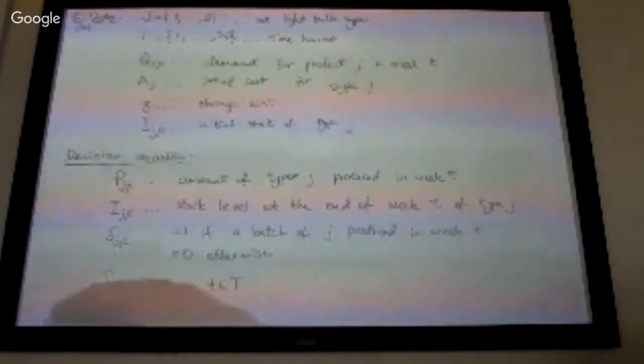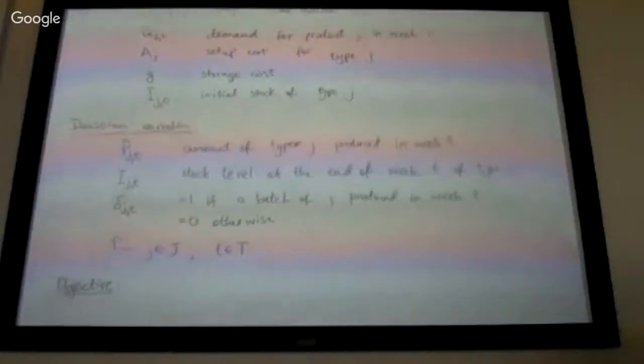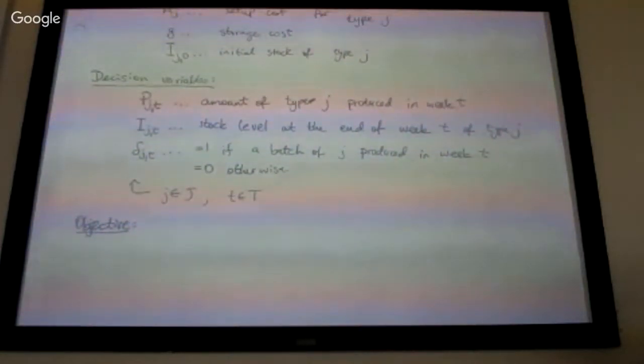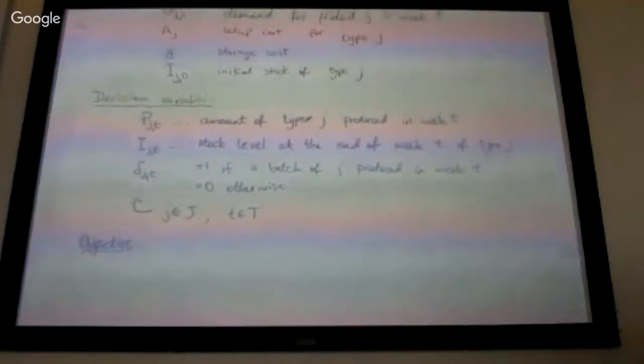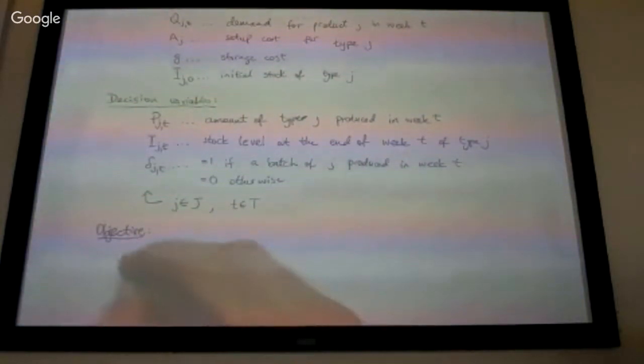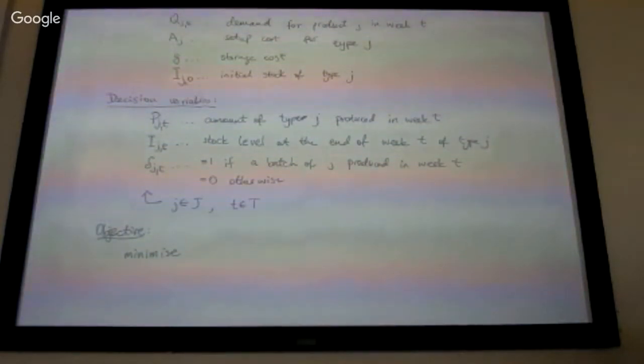All right, what is the objective? You wrote minimize. Okay, I'll copy that. Minimize. I don't remember which way around all this goes.